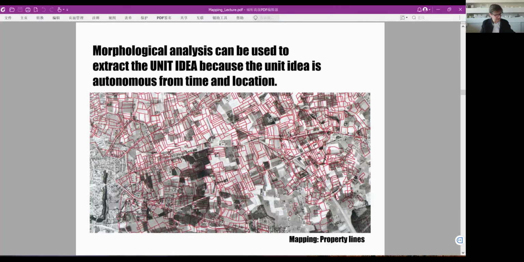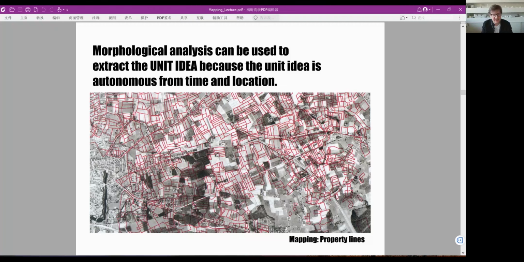And this is why I'm saying it's so interesting, because when you do certain morphological analysis, you will always be able to extract the unit idea, or let's call it the unique idea, because the unit idea is autonomous from time and location.